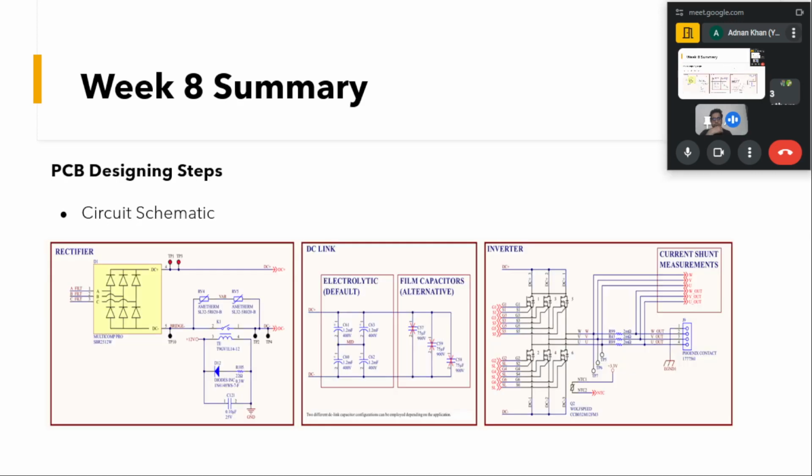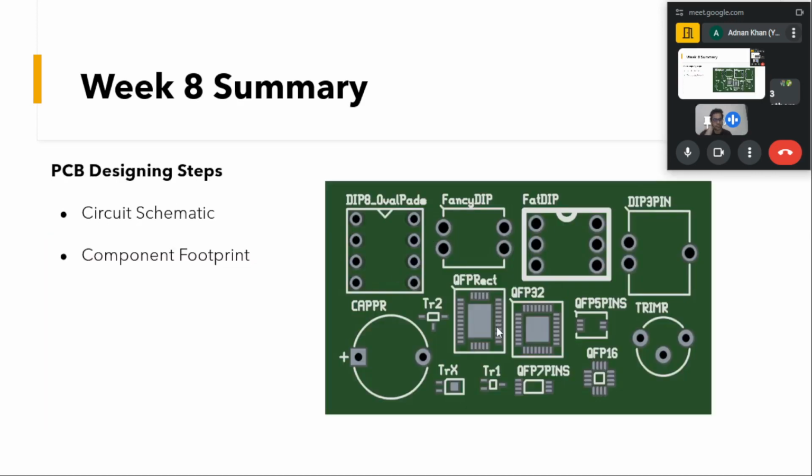In a similar fashion, if we have a certain IC, we have to provide the proper footprint of that IC itself. Then only will each pin of this IC have its own place where we can place this IC and solder its pins. And here also you can see for the capacitor itself, there should be the proper terminals and proper footprint of the capacitor.